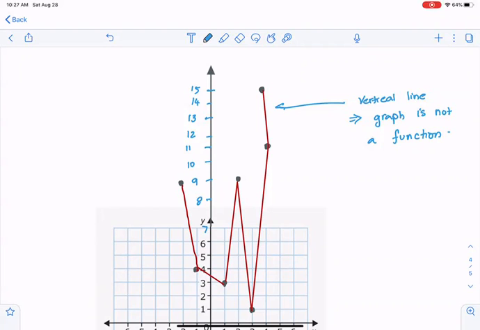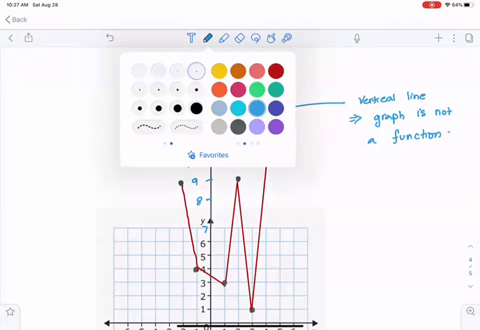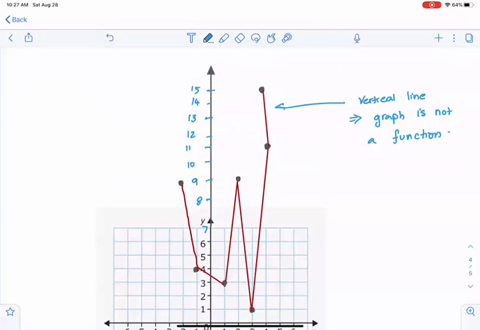Another way of looking at this is if I drew a vertical line through the graph at various points, the vertical lines that I draw must touch the curve exactly at one point. For instance, if I drew a line here, it's going to touch the curve exactly at one point. If I drew the line there, it is going to touch the curve exactly at one point.